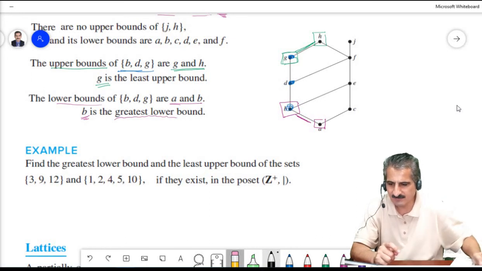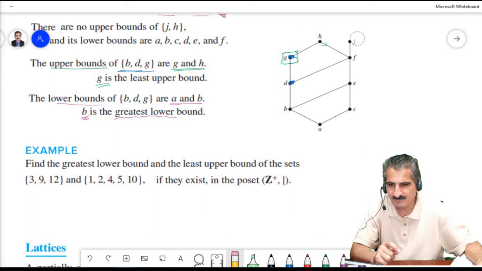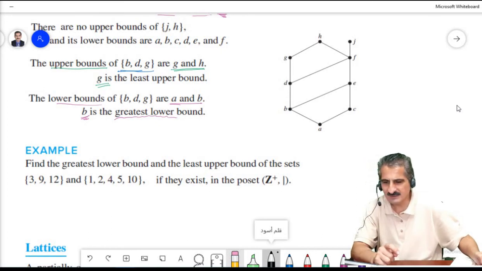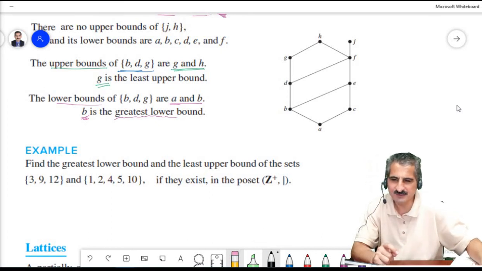So if I want to go now, just erase all that here. Now tell me what is the greatest element, if it exists, and the least element of this set. Okay, who tells me? What is the greatest element of this partially ordered set?